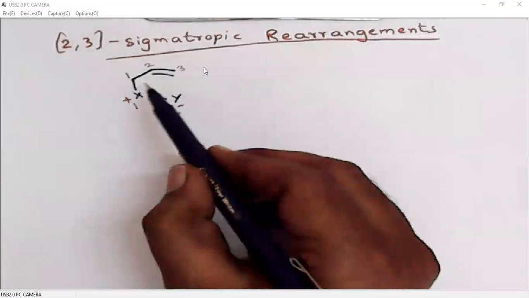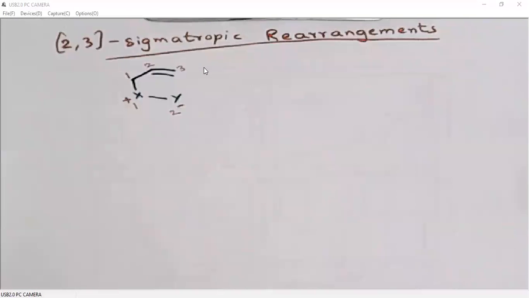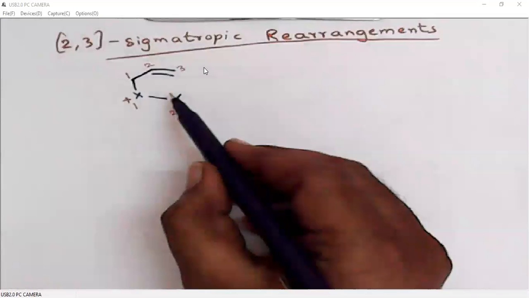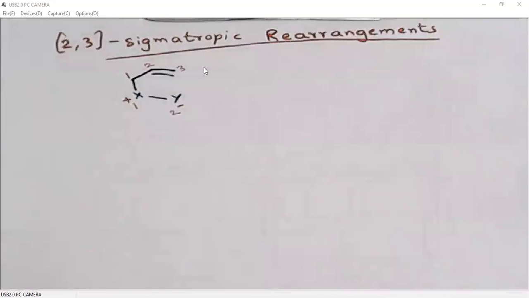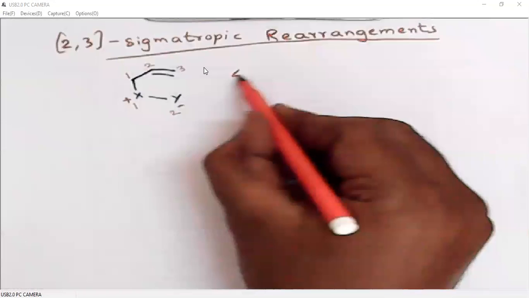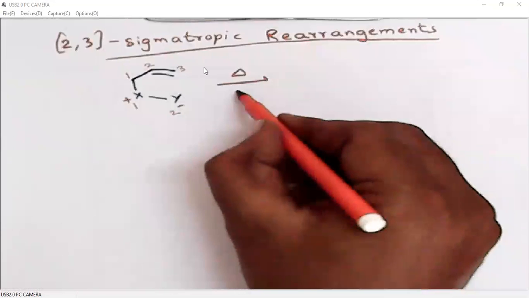So, intramolecular 2,3 system. When it is treated under thermal conditions, it is a 6 pi electron system.